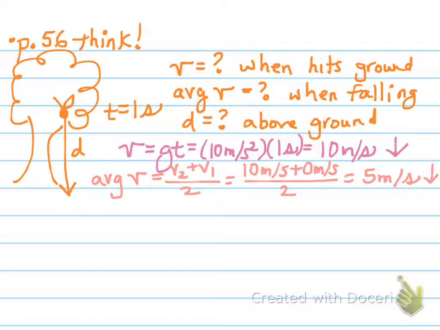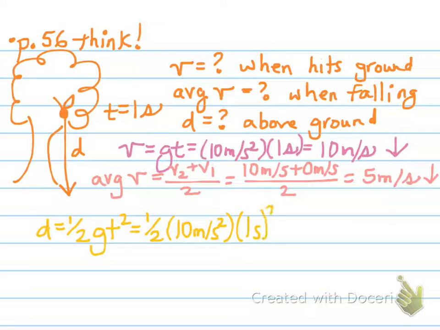Lastly, it asks us to figure out our distance above the ground. So our distance is 1/2 gt squared. So 1/2 times 10 meters per second squared times our time, which was 1 second squared. So 1 squared is 1 times 10 is 10 divided by 2 is 5 meters.